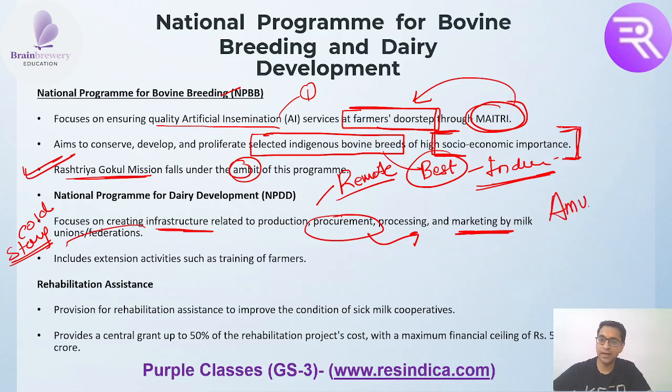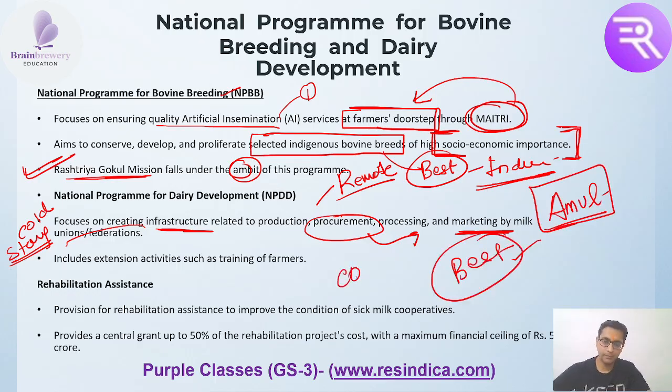You know Amul, Anand Milk Union Limited. It is the best example in the world of how cooperative societies are able to run India's biggest cooperative market, the Amul milk market. Okay, now they are coming with some processed material also. So now they are expanding vertically also. Now they are expanding horizontally also.